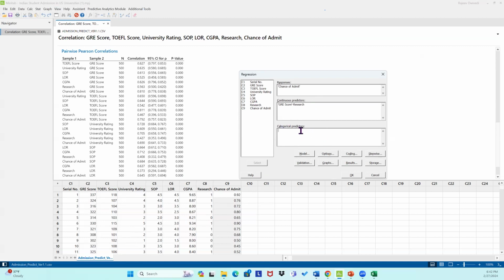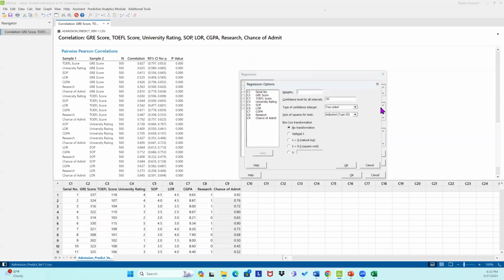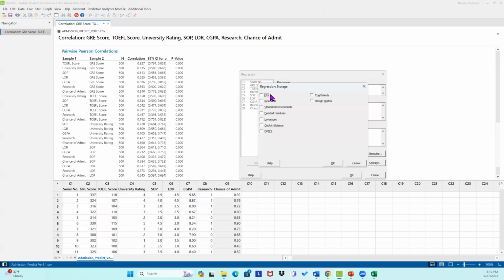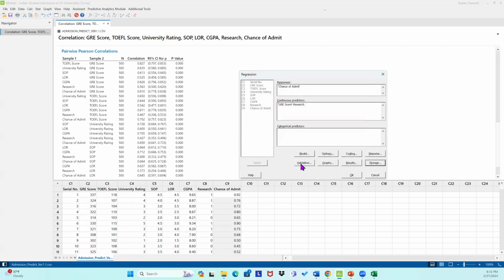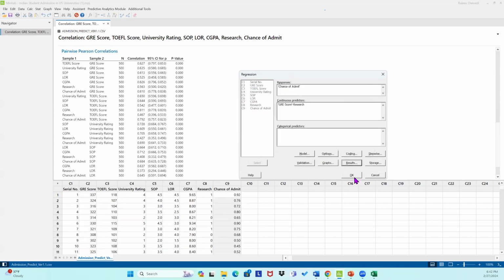You can select those if you have few, but I'm selecting everything right here. Now I need to select one more thing, which is called residual, standardized residual. And I have to see the Durbin-Watson test too.